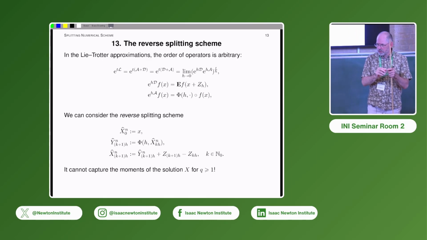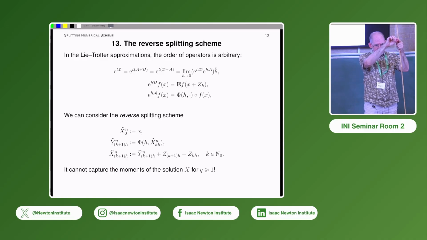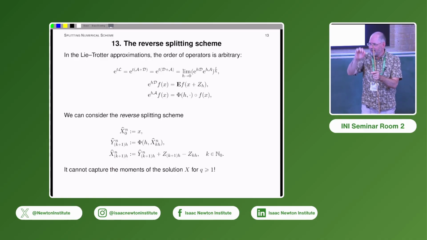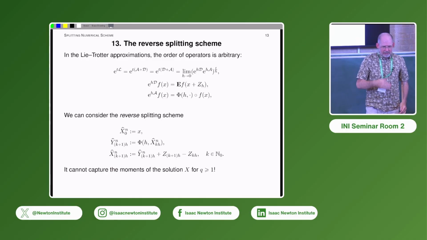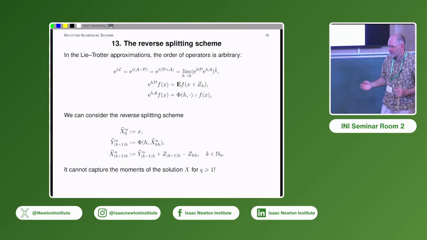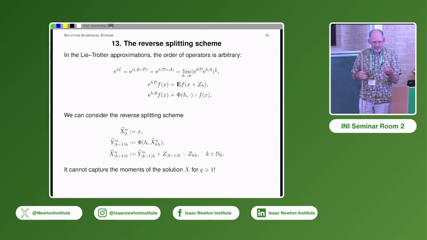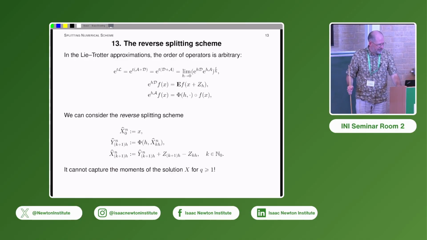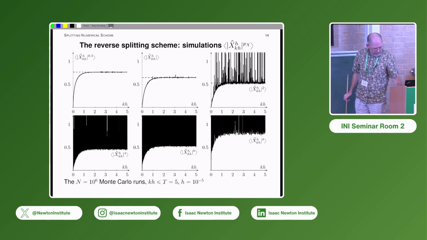The different order means I start at x, I solve the deterministic ODE, and then I add noise. And the noise is not integrable. The increment of the noise is not integrable. So immediately at the first step, I lose integrability. And that's it. That's amazing because it's actually the same scheme, but taking it in the wrong order breaks everything.